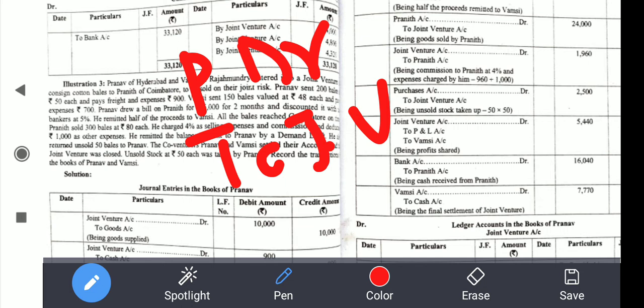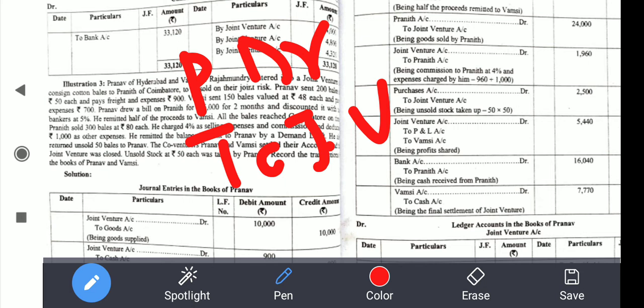He remitted the balance and also returned the unsold 50 bales to Pranav, and Pranav received them. So we have to write purchase account debit to joint venture account. Being unsold goods, what is the general entry? Purchase account debit to joint venture account.